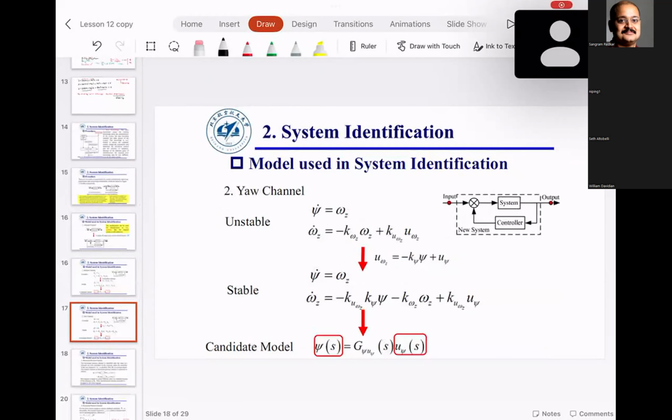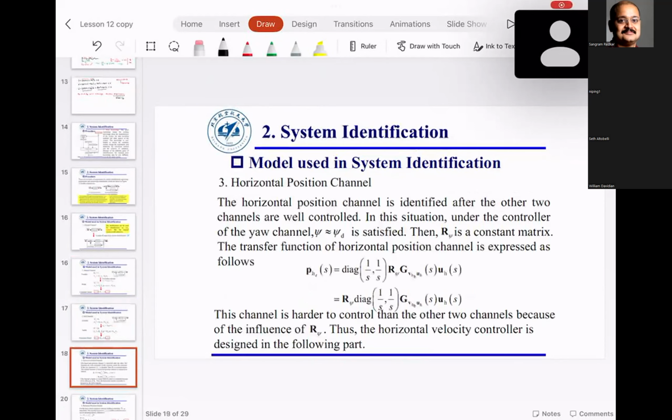Again, the final thing I want you to look at is that by adding the controller gains, the initial system that was unstable is now made stable by tuning the eigenvalues. So you can add the controller gains and that would affect the eigenvalues.